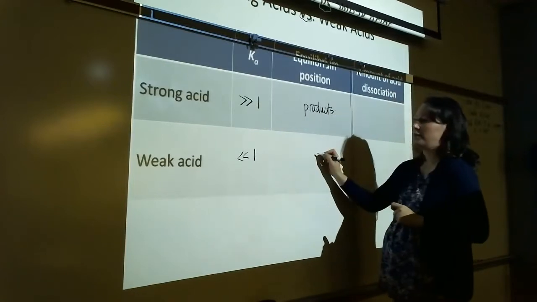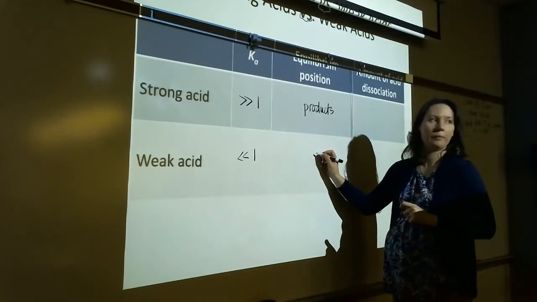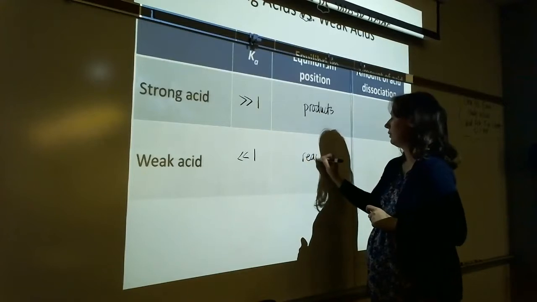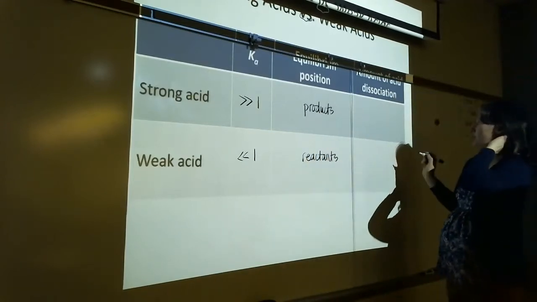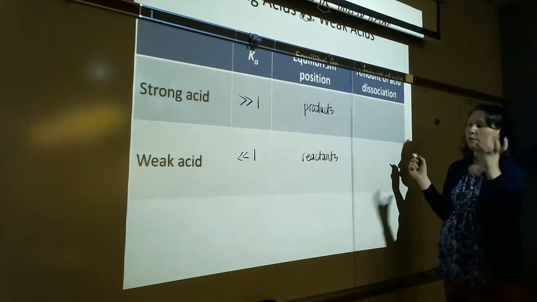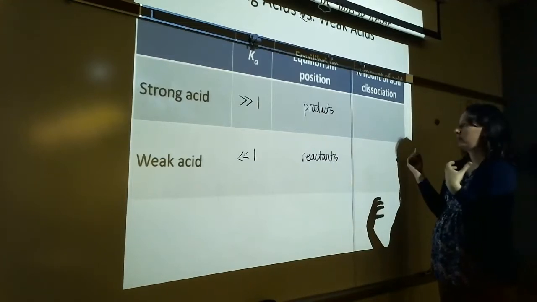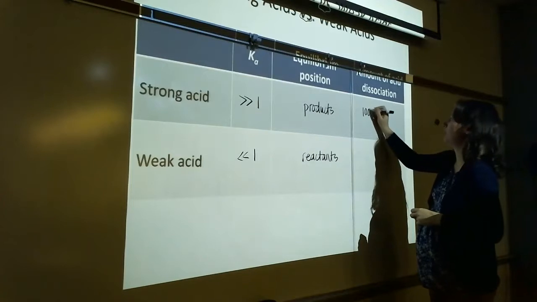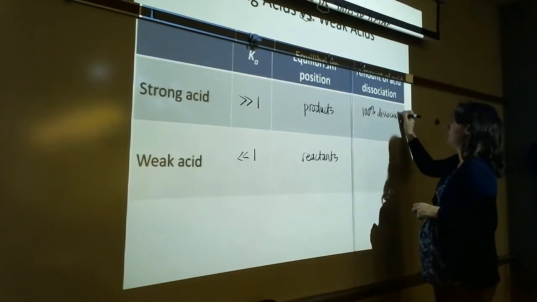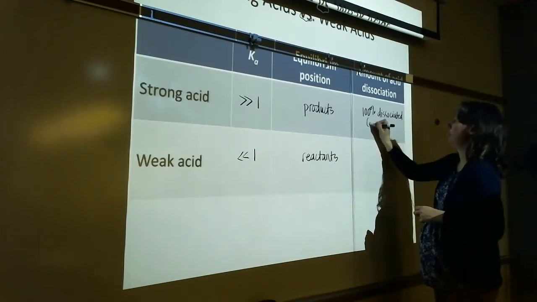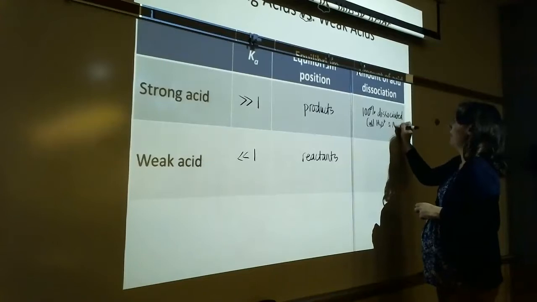And then the equilibrium position for a weak acid would be mostly reactants. And then percent dissociation. In other words, of my original acid, a strong acid is 100% dissociated. Right? In other words, it's all H3O plus and A minus.